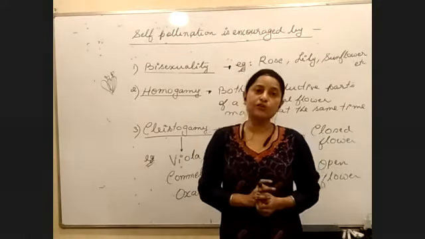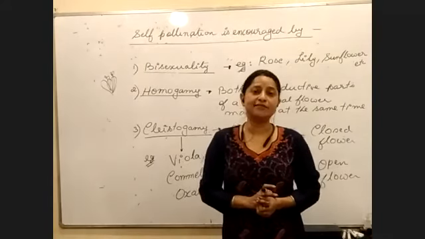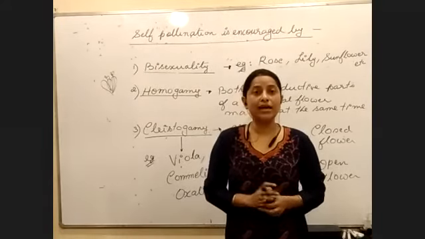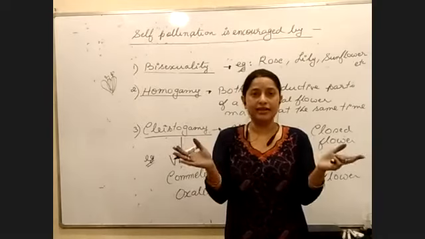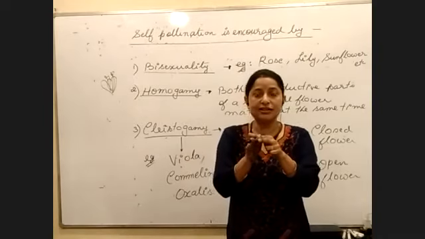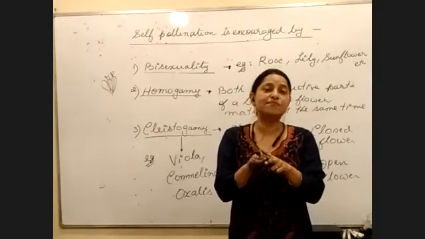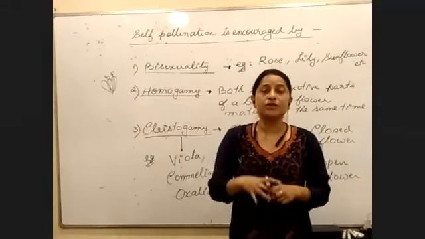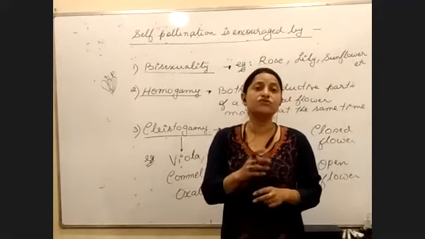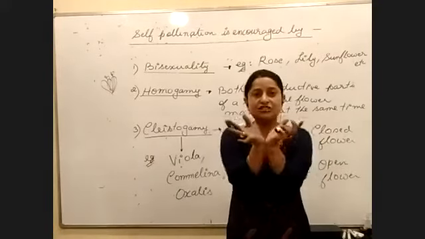When will you be able to see the reproductive part of a flower? Only when the petals open. If the petals are in a fused or closed condition, you cannot see the parts from above. So to see those reproductive parts, the petals need to open up.